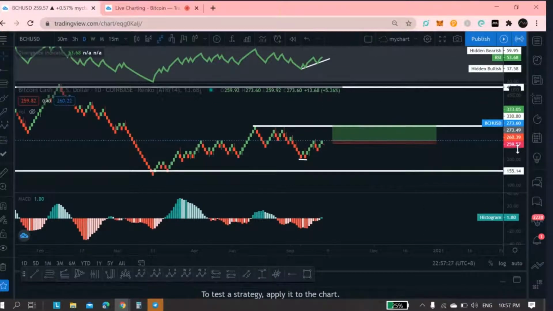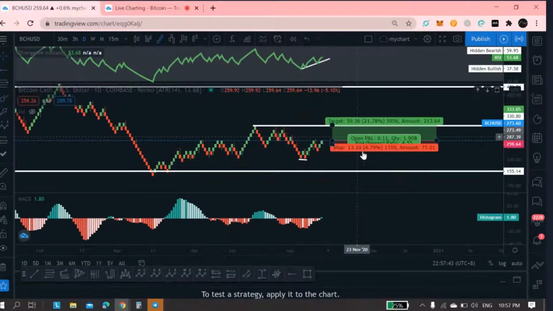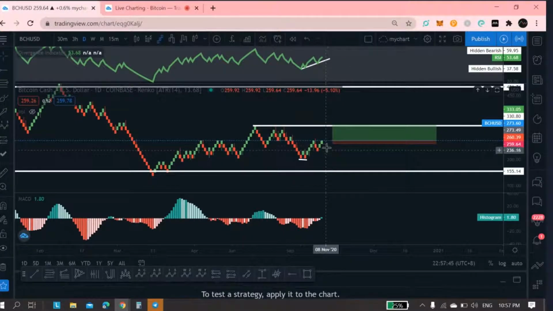So yeah, I think however it's possibly forming a bearish Renko chart. So I might possibly test buy at these levels and then another test buy after it hits the 274 alarm area.